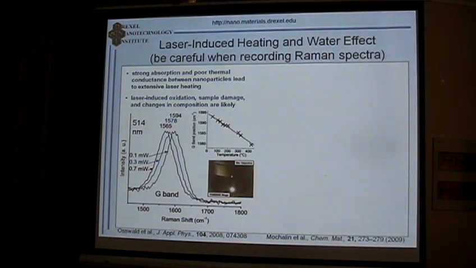Of course, when you do Raman analysis on carbon nanotube powder, which has poor thermal contact between the single tubes, you can do exactly the same.